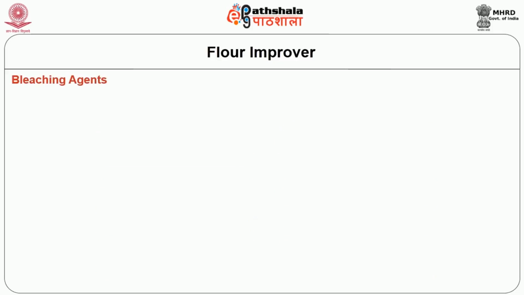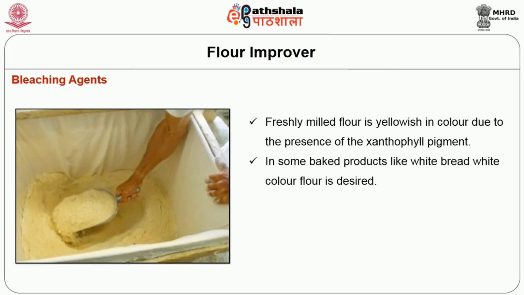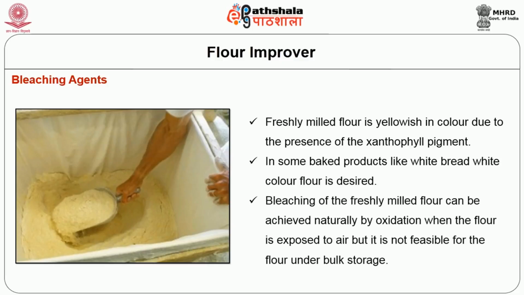Bleaching agents. The freshly milled flour is yellowish in color due to the presence of the xanthophyll pigment. However, in some baked products like white bread, white flour is desired. So, bleaching of the freshly milled flour can be achieved naturally by oxidation when the flour is exposed to air, but it is not feasible for flour under bulk storage.